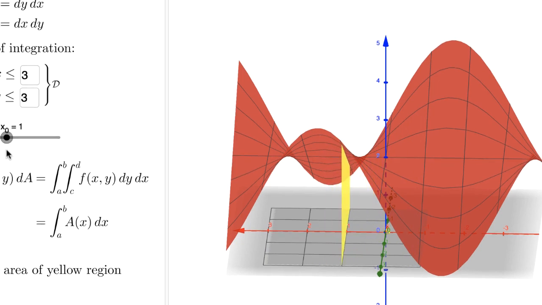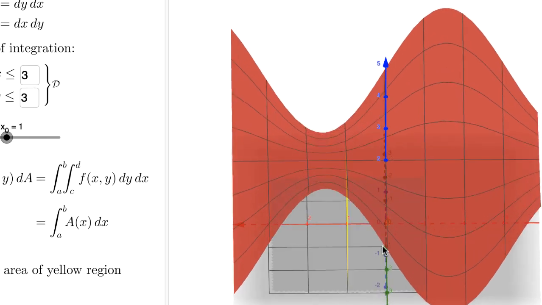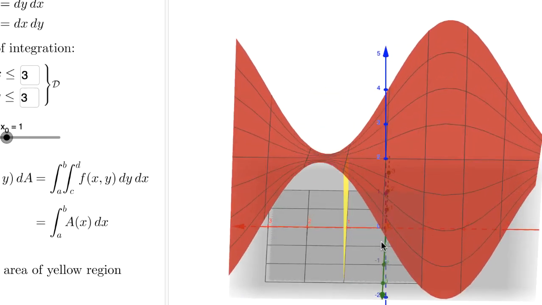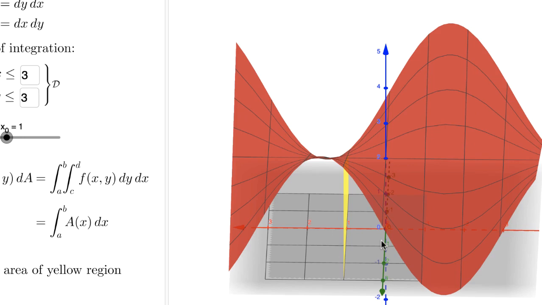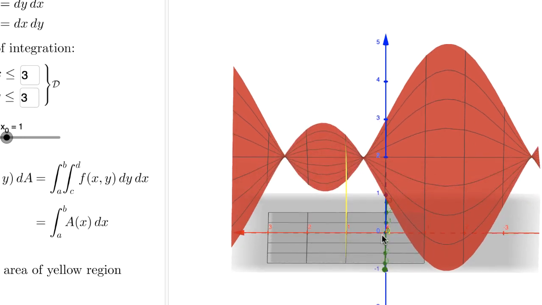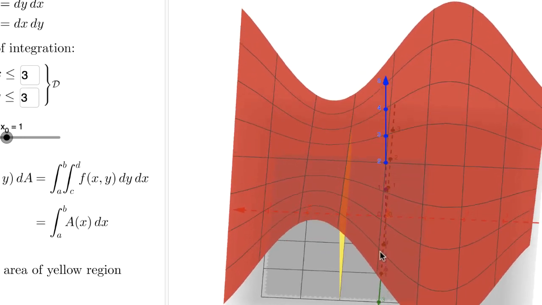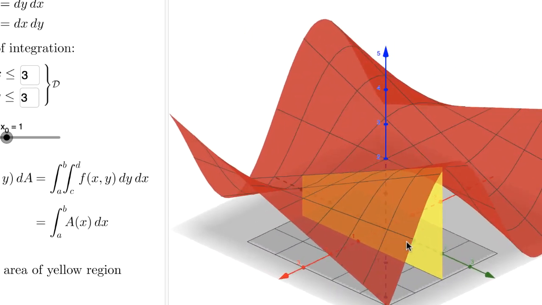And in this particular case, we are using the order of integration dy dx, which again means the following. You fix a value of x, right? So here the value of x that I'm fixing is equal to 1. So once you fix that value of x equal to 1, above that line, you get like a wall that intersects the surface into a curve, right?